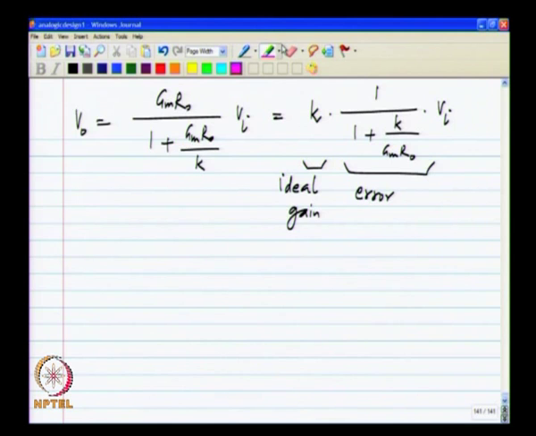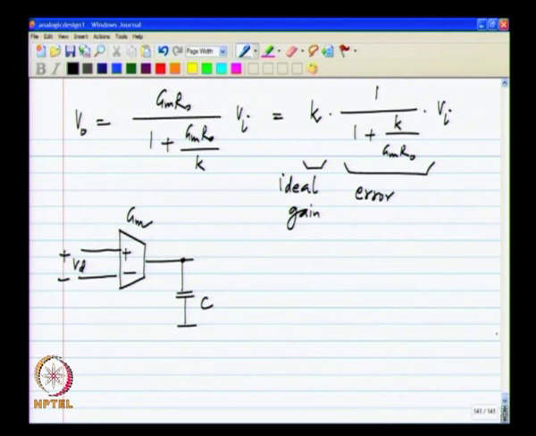So, we can analyze this a little more and interpret what it means. First, let us look at what is the transfer function of the op amp in this case. Ideally we wanted the op amp to be like this, that is, without any output resistance in the transconductor, and the transfer function of the op amp was Gm by sC, and Gm by C is the unity gain frequency omega u.